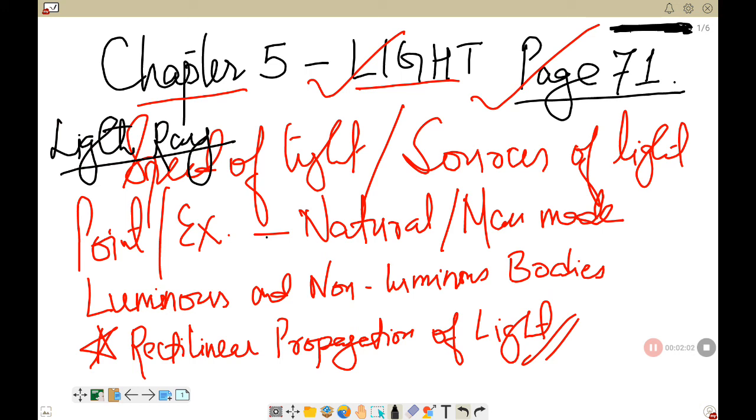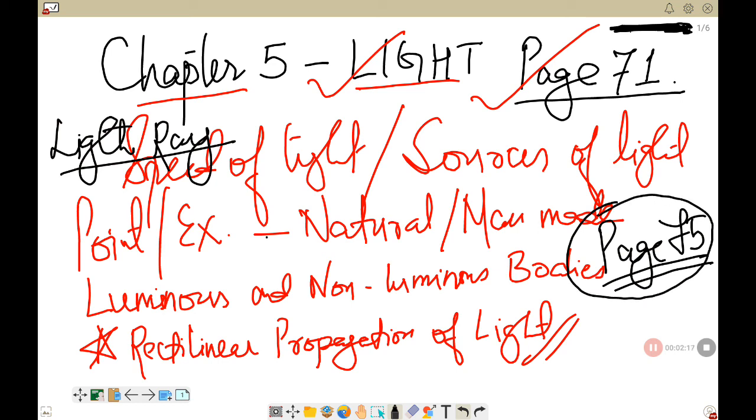Today we are moving to another topic called pinhole camera from page number 75. Every one of you, please turn your book to page number 75 and get ready with a pencil.